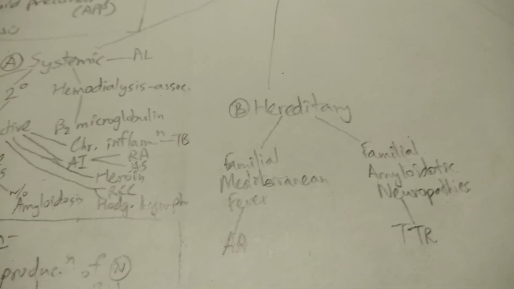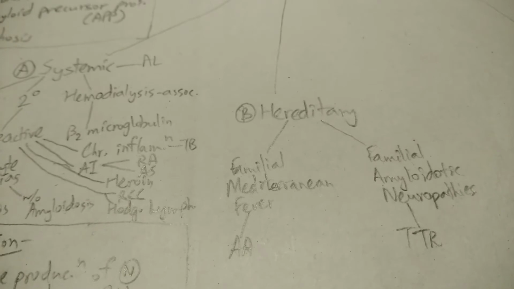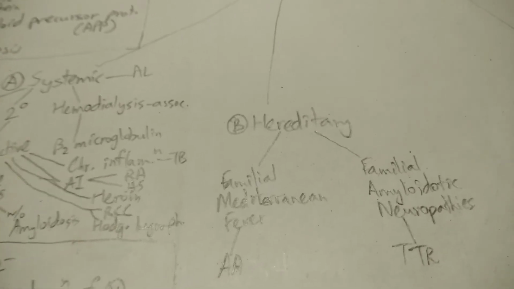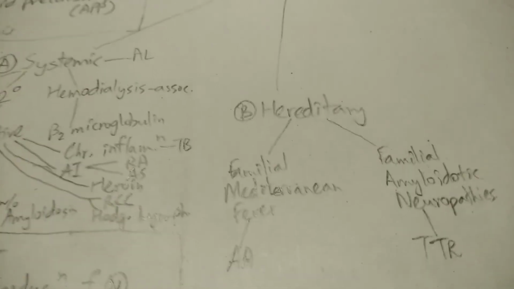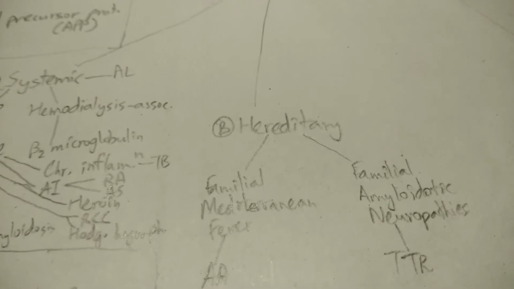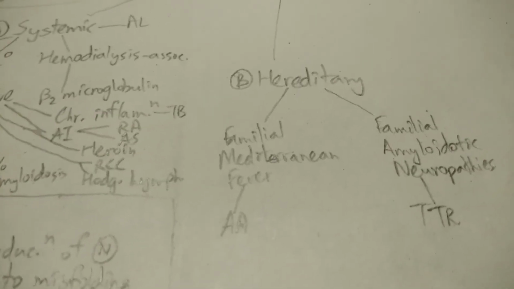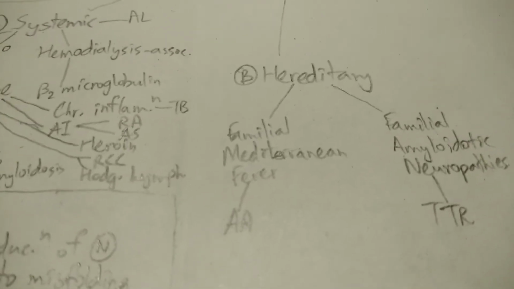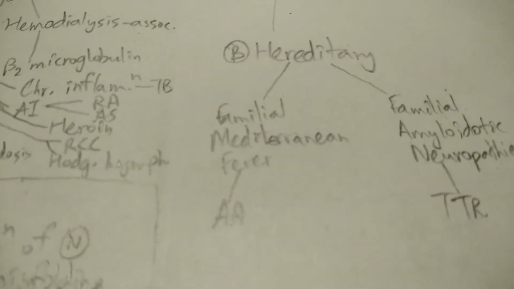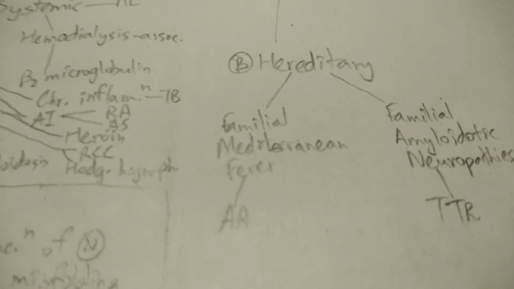It's basically a heterogeneous group of amyloidosis, which is often rare and seen in certain geographic areas, such as in familial Mediterranean fever. It's most commonly seen around the Mediterranean areas and in the Middle East, where you find AA type of amyloid being deposited, that's amyloid-associated amyloidosis.